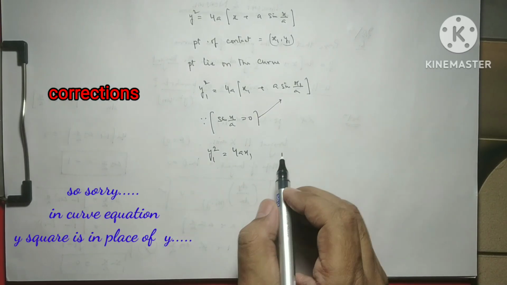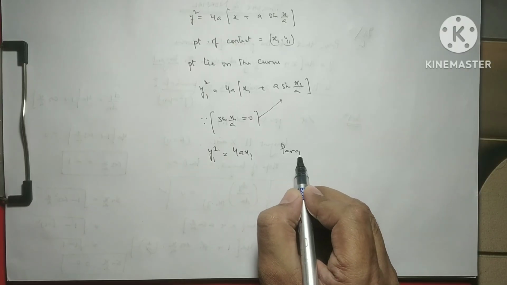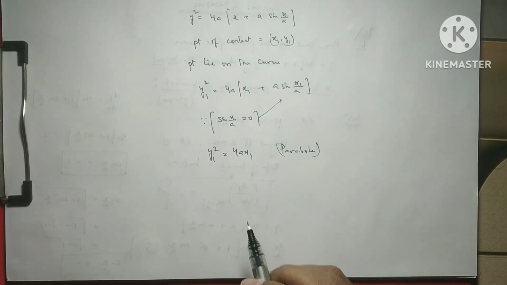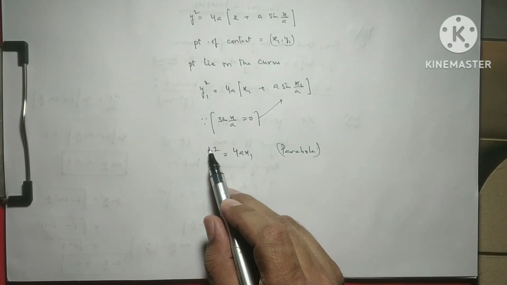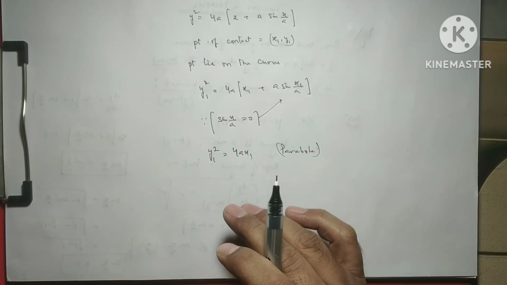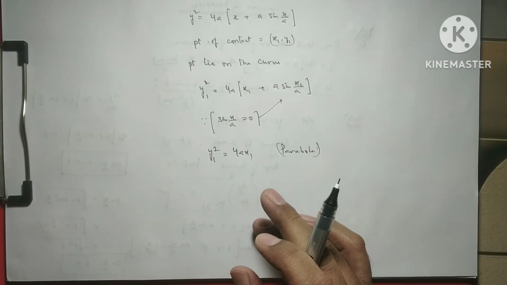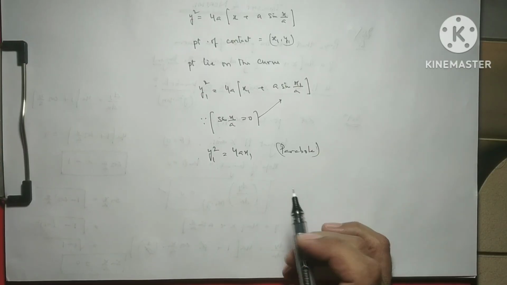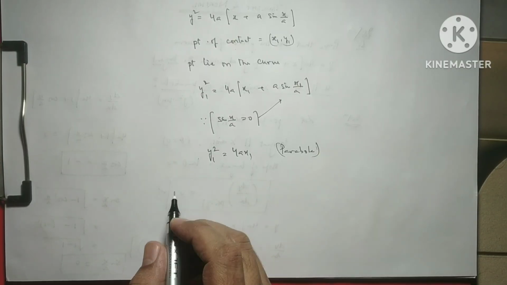So this is the equation of the parabola. So y1 square equals 4a x1. It means the point (x1, y1) lies on the parabola y square equals 4ax.